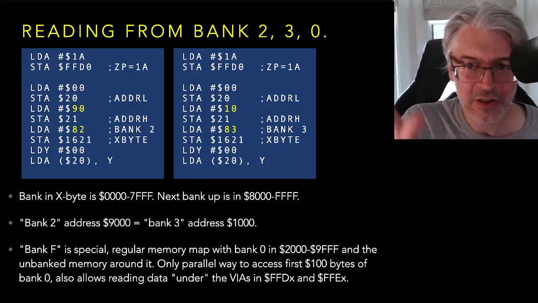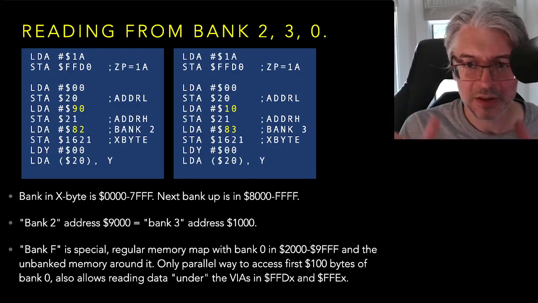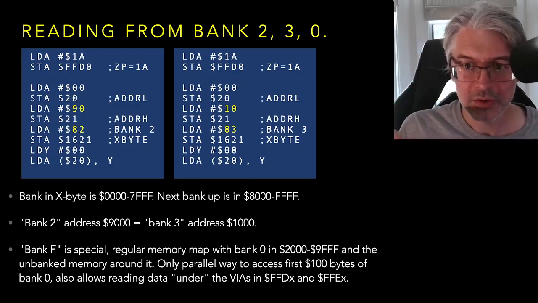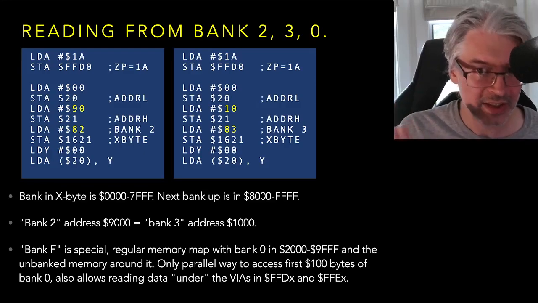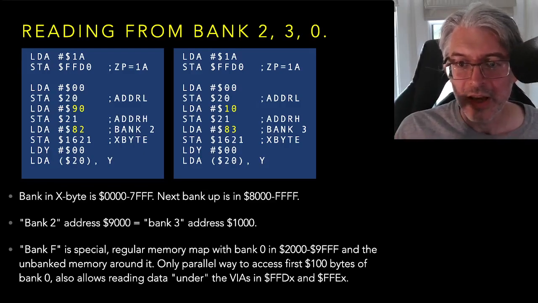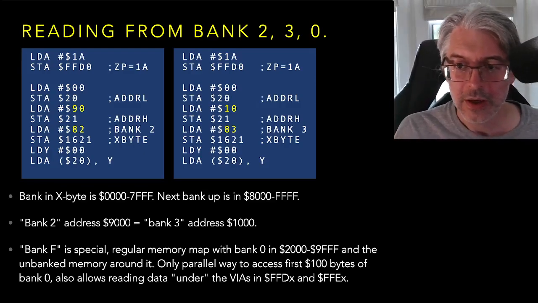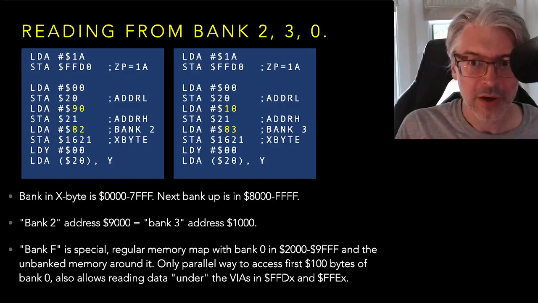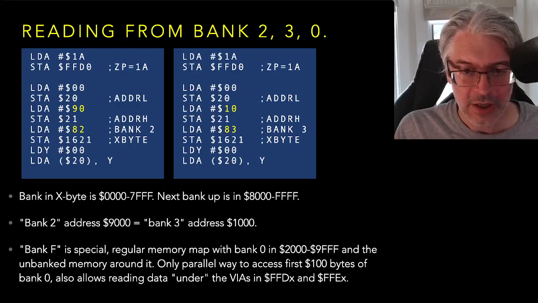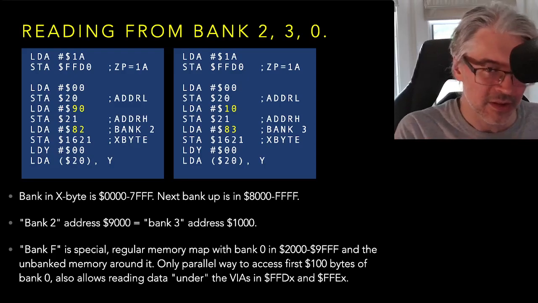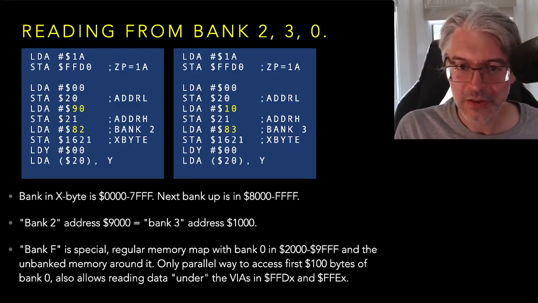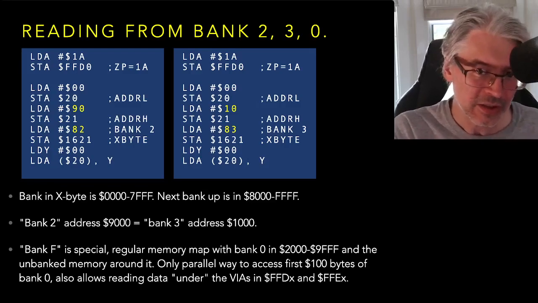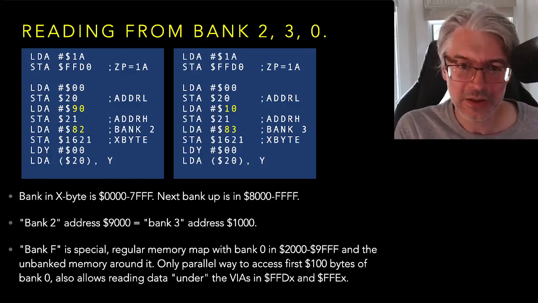So in the right box, it's all the same, except that what I'm putting in the pointer is 1000. So 20 gets 0, 21 gets 10. So it's going to 1000, and it's looking in bank 3. And so if I retrieve byte 1000 of bank 3, that's in fact the same actual byte as retrieving byte 9000 of bank 2, because byte 9000 actually isn't in bank 2, it's in bank 3.